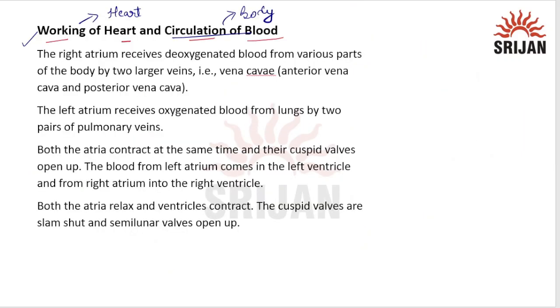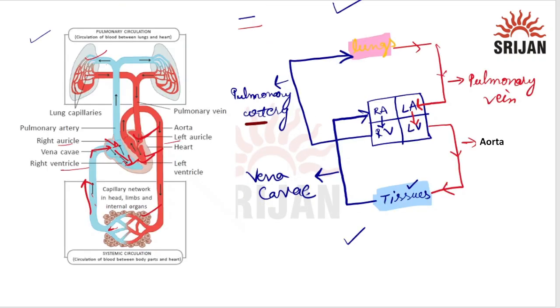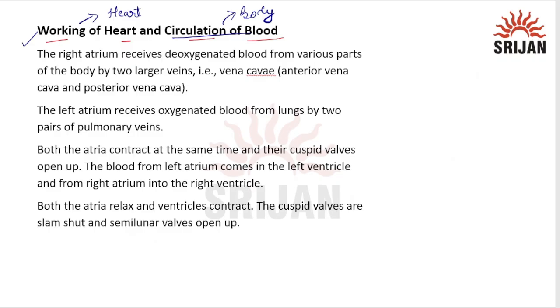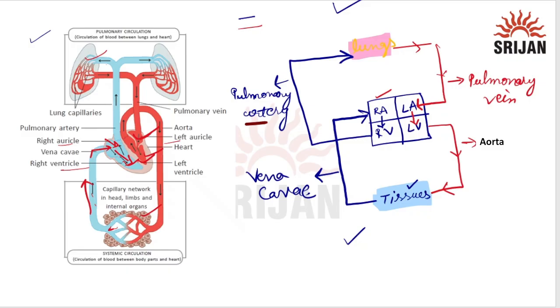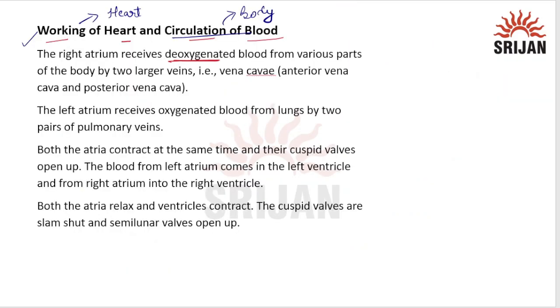Now let's understand. As we have seen in this diagram, the blood was received by the right auricle, right? So it is written here that the right atrium receives deoxygenated blood. Why deoxygenated blood? Because the tissues have already utilized the oxygen. The blood comes from various parts of the body by two larger veins, that is vena cava, anterior vena cava and posterior vena cava.